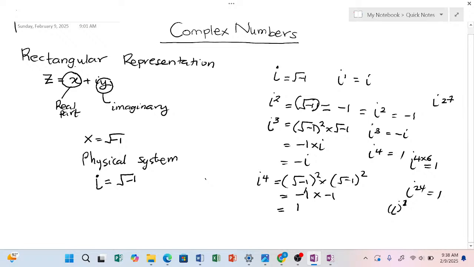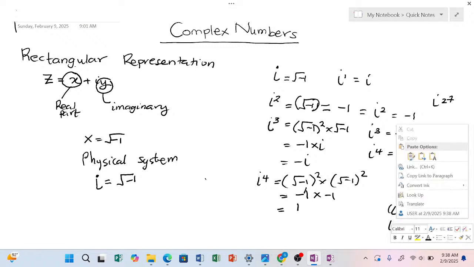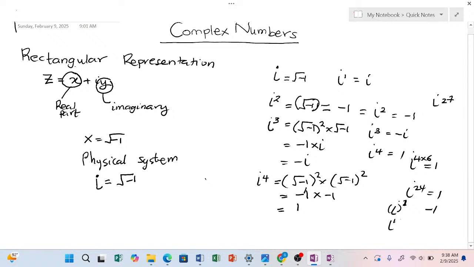That will give us i, then if you add another i, you multiply it with the next i, it is going to be negative 1, and the next is going to be positive what? 1. So you need to know how to go about with these things. It's very, very important.